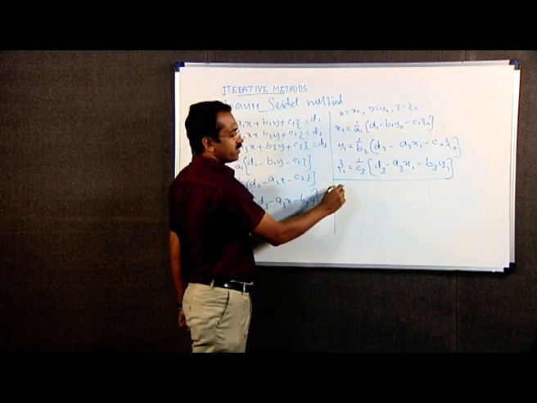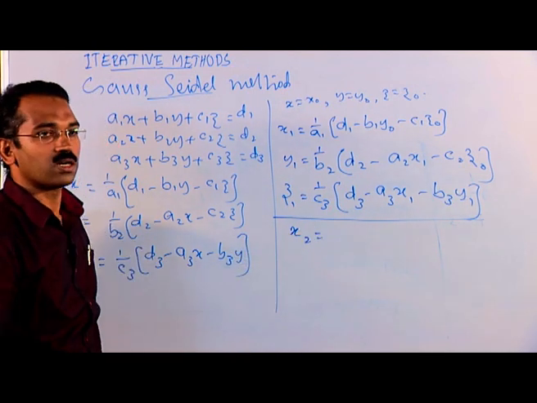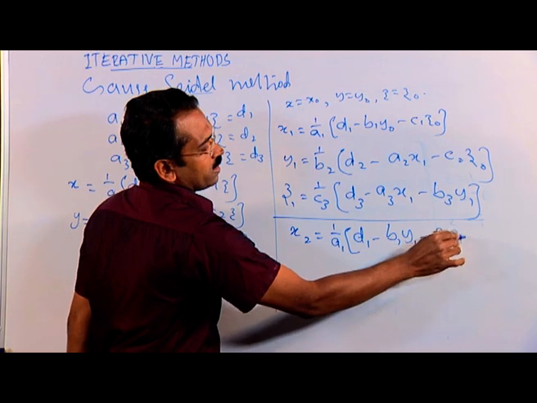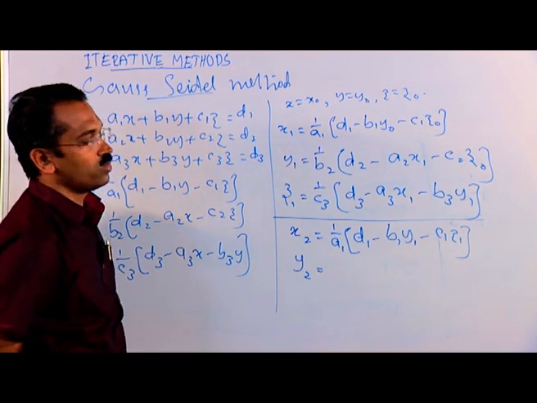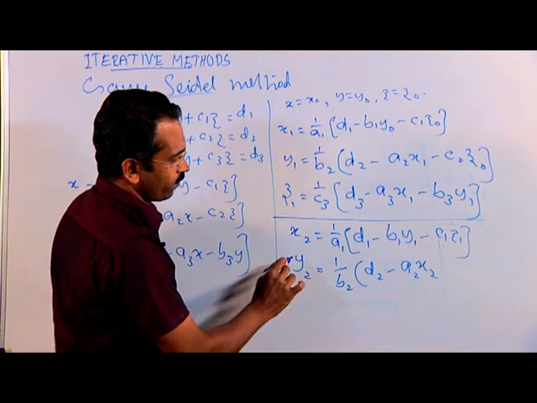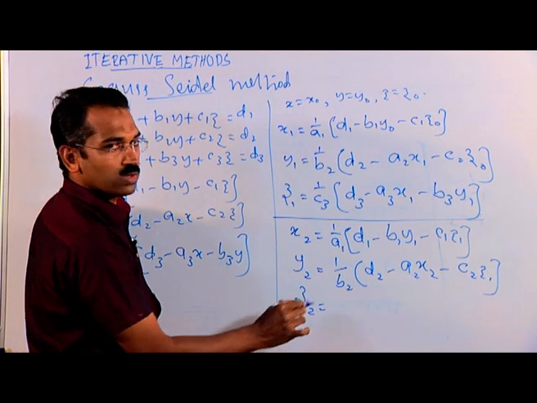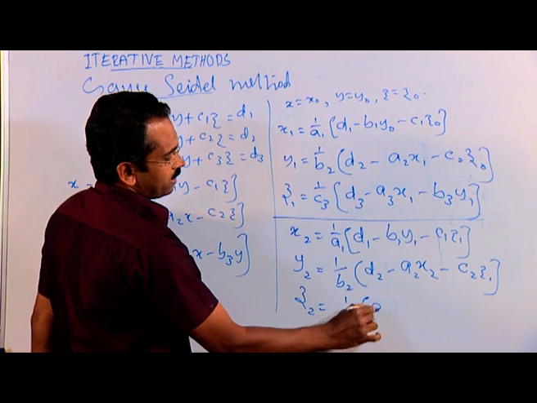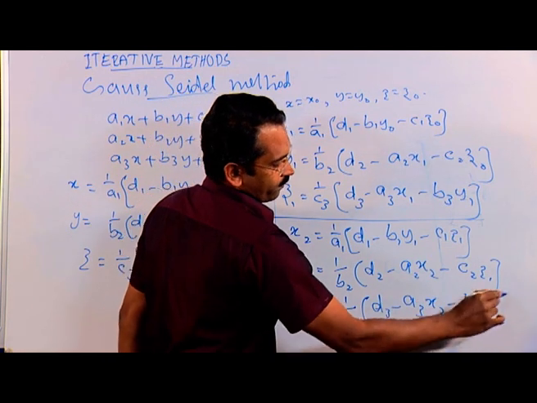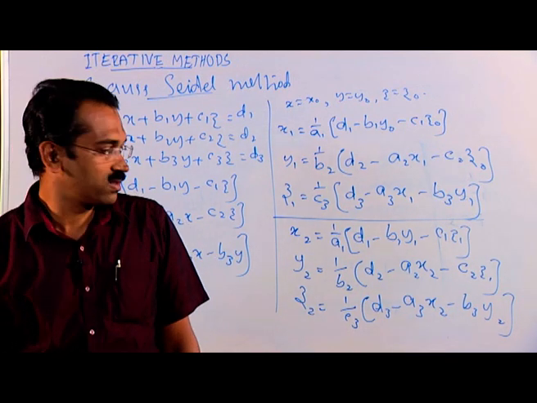We will get the second approximate values of x, y and z as x2 is equal to 1 by a1 into d1 minus b1 y1 minus c1 z1, y2 is equal to 1 by b2 into d2 minus a2 x2 minus c2 z1, and z2 is equal to 1 by c3 into d3 minus a3 x2 minus b3 y2, and so on. We will continue this procedure up to the desired accuracy obtained.